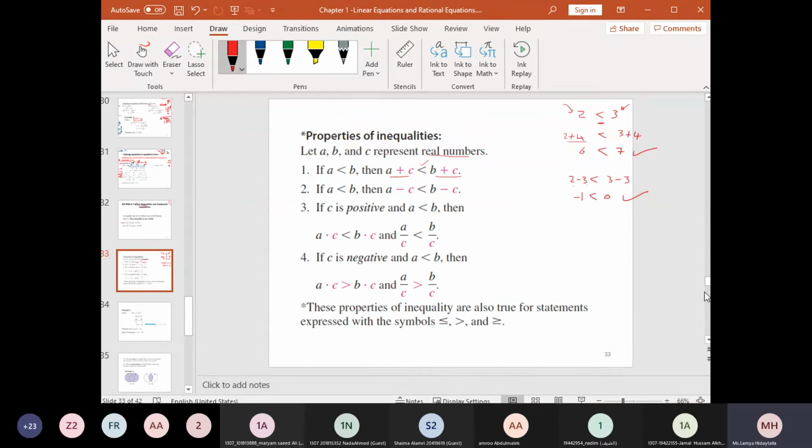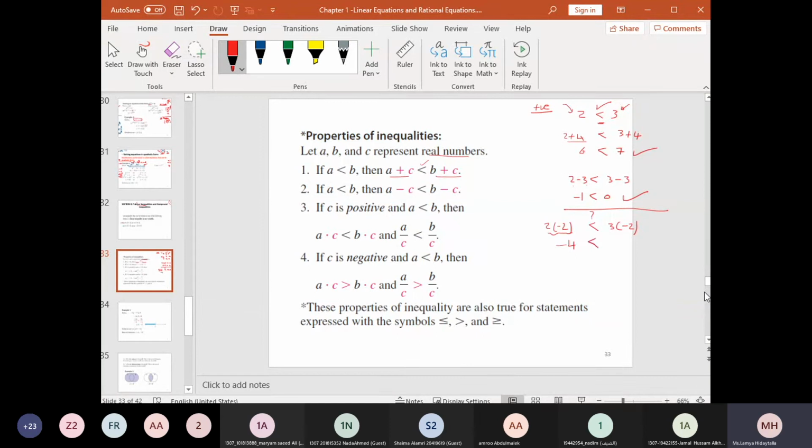What if you multiply times a negative number? So in the case of multiplication, if I am multiplying times a positive number, then the inequality will hold. Then, what if you multiply times a negative number? Let's say, what if I multiply times minus 2? 2 times minus 2, can I say it is less than 3 times minus 2 or no? 2 times minus 2 is going to be equal to minus 4.